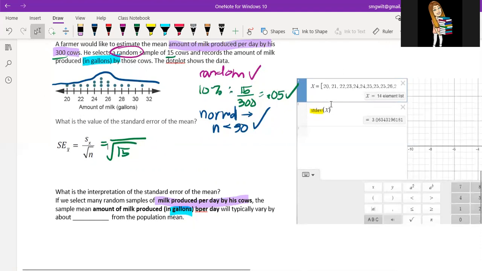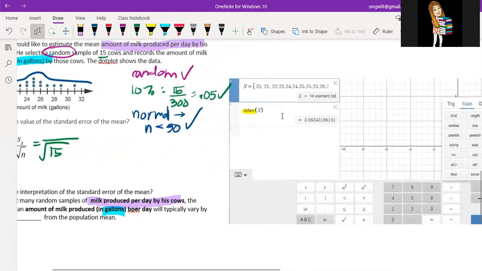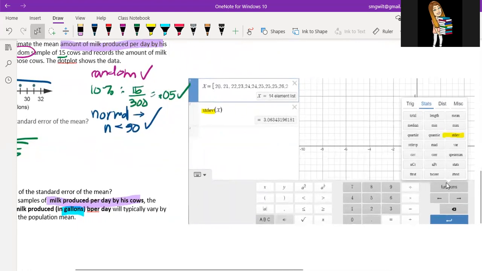To get standard deviation, what I did is I went to the keyboard and hit functions. From functions, I picked stats, and then I chose standard deviation, not standard deviation P, that's population standard deviation. We want sample standard deviation, so that's the one without the P at the end. When I type that in and then I put the X, it's telling me that I want those values' standard deviation. It gives us this number. I'm just going to go 3 decimals.